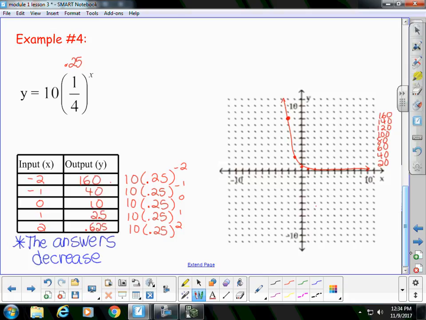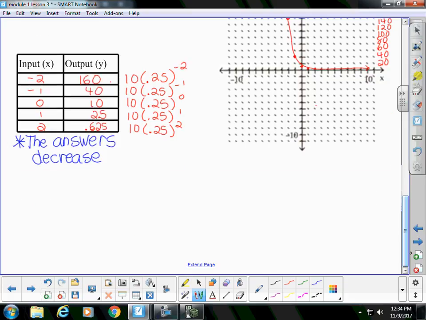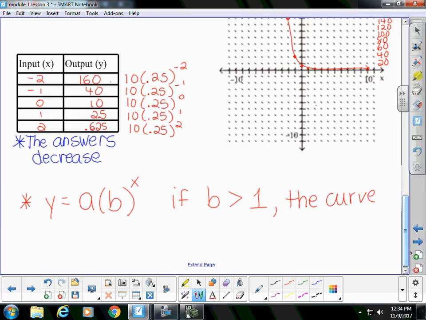I wonder if anybody's got any guesses as to why this one decreases and the other ones increase. Okay, I'll give you that hint now. The formula for these is y equals something times a number raised to the x power. And if the number inside being raised to the power, so if b is greater than 1, the curve increases.